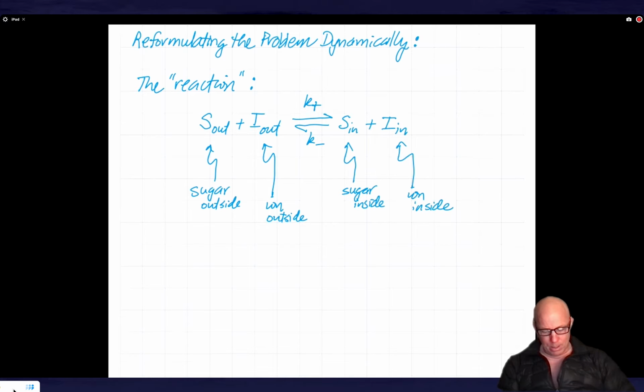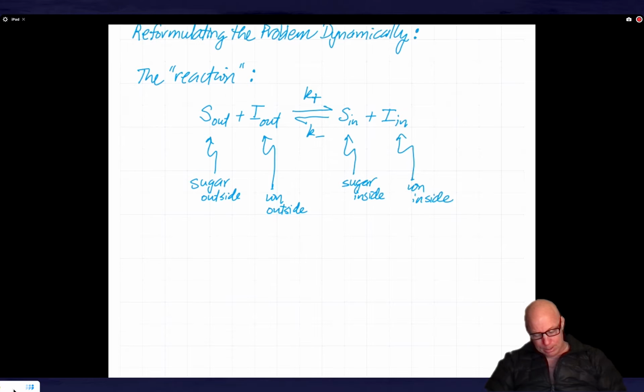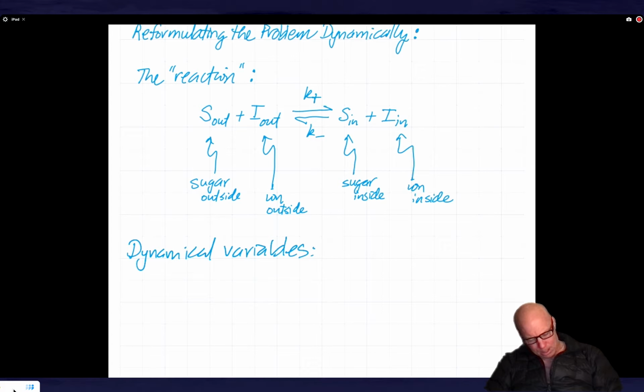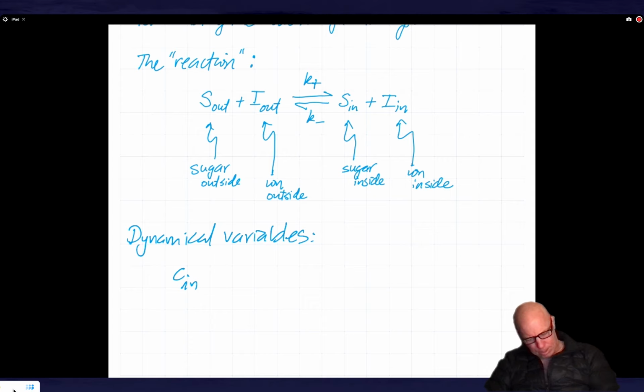So we're going to write down the chemical equation that describes this, and in particular, I'm going to write everything in terms of the concentration. Our dynamical variables of interest I'm going to call Cs in, Cs out, Ci in, and Ci out.